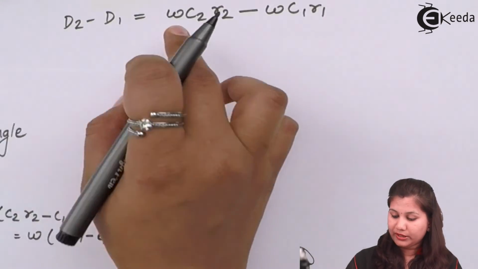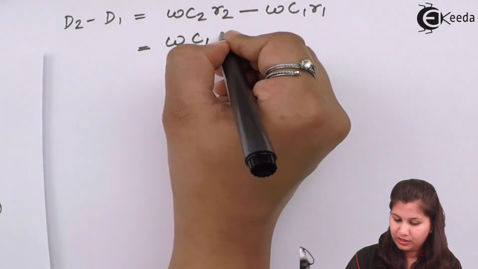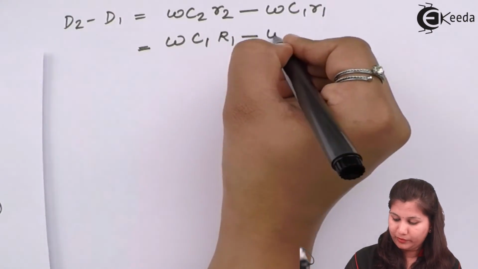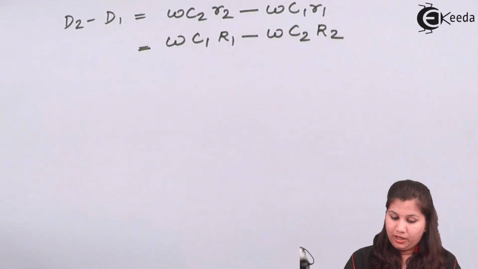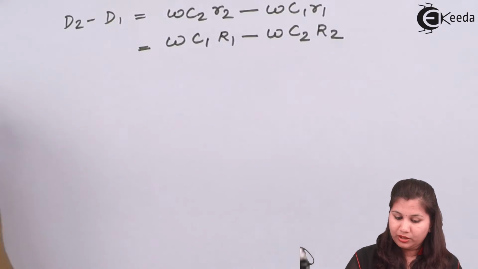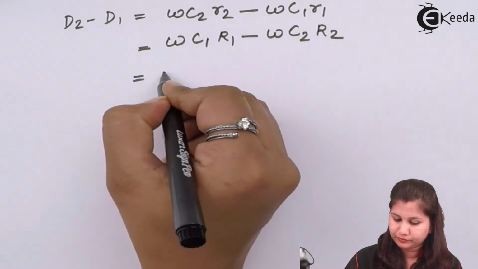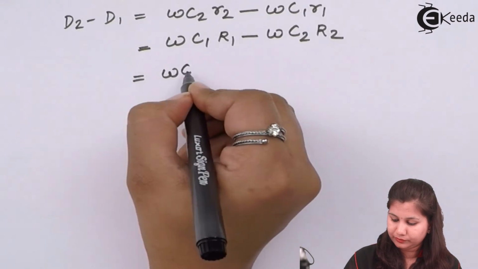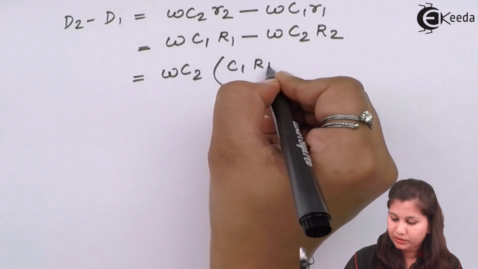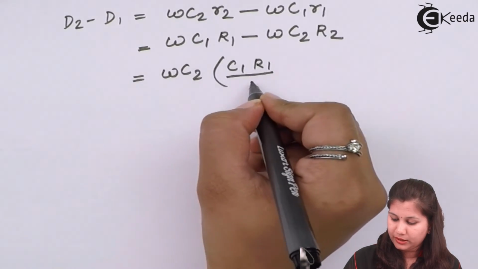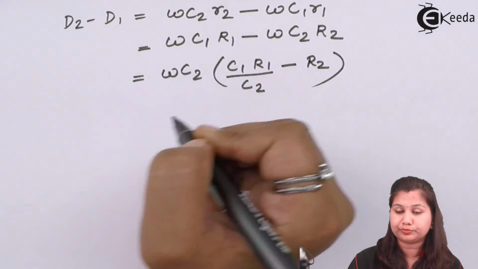So the value of this will be omega C1 R1 minus omega C2 R2. Okay. Now from this equation, if we take C2 as common, we are left with C1 R1 upon C2 minus R2.